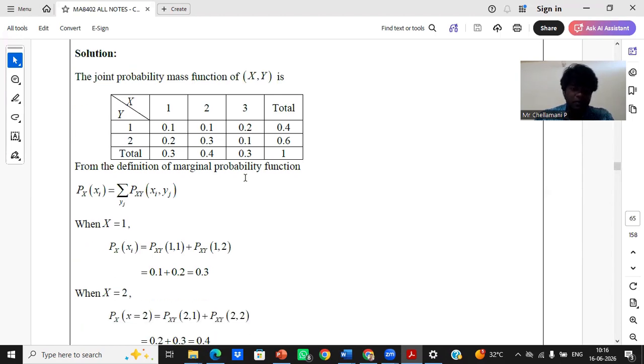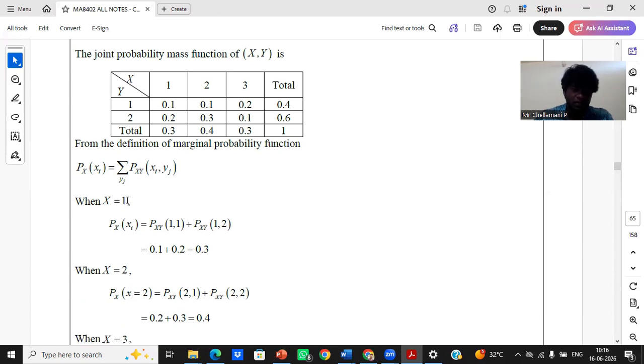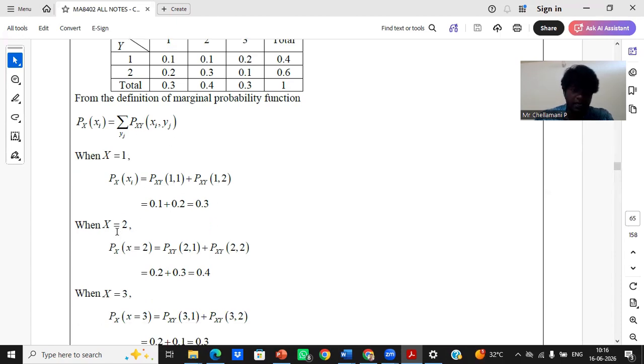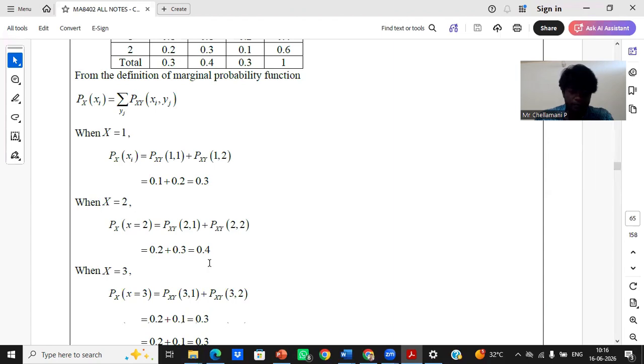Then from the definition of marginal probability function, p of x is equal to summation of p of x comma y. We fix the x value. Here x is equal to 1 and we will get the value of 0.3. Next, we fix x is equal to 2, and the value is 0.4.